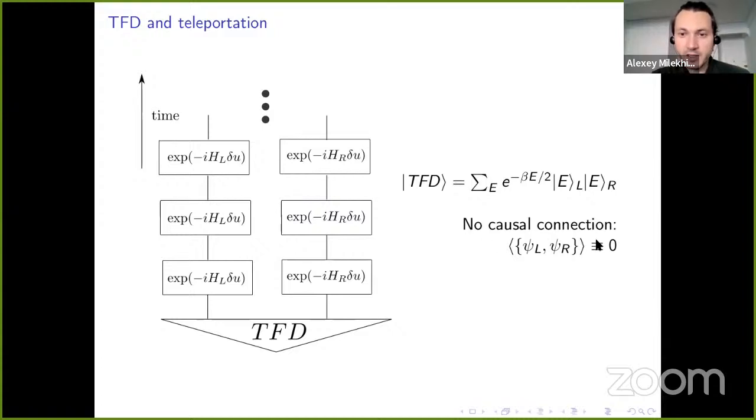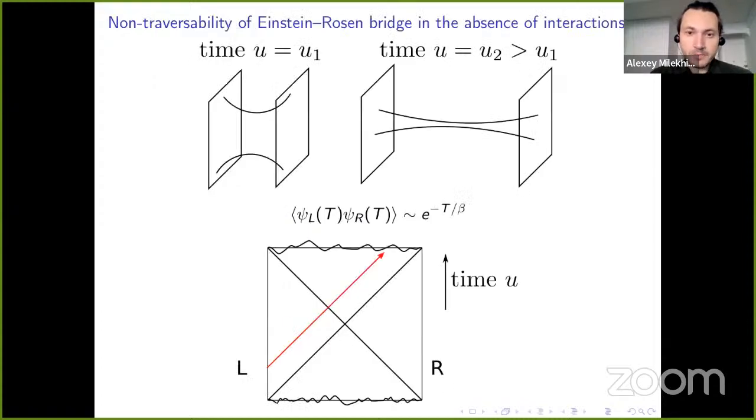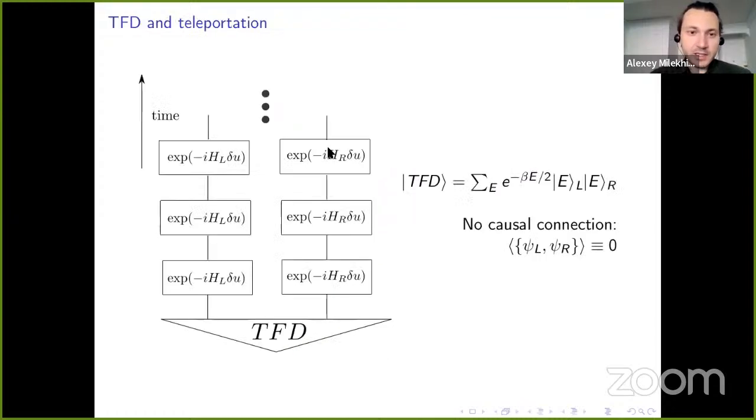So this anti-commutator of fermionic operators, one located on the left and the other located on the right, is identically zero. So this is the setup, when I have two such entangled systems, that I can study.